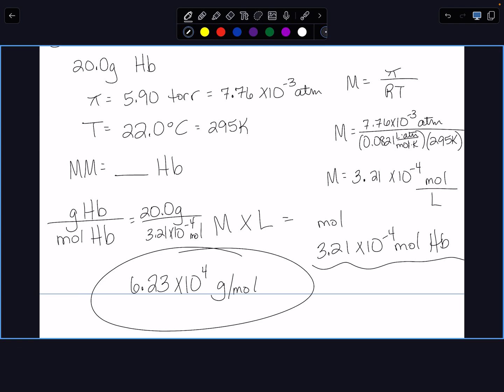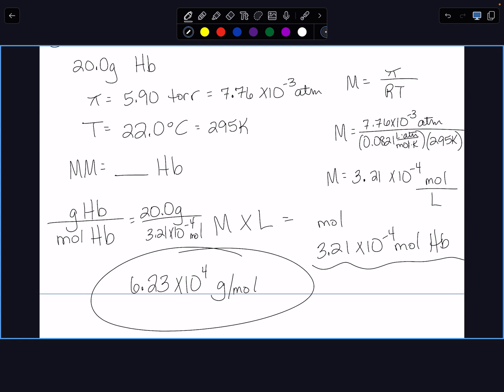Okay, so now how are we getting to molar mass? This is our molarity. We know the solution is 1 liter. So if we take the molarity times the volume in liters, which is 1, that tells us our moles of hemoglobin. Then we came over here to do molar mass. The grams of hemoglobin it told us, the moles of hemoglobin we solved for.